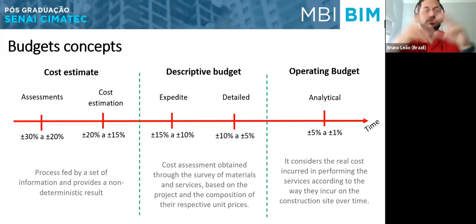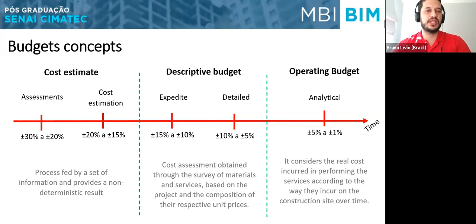So we are talking about the definition of the typology of the edification, and the constructed area of some building. When we're talking about the descriptive budget, we are talking about cost assessments obtained through the survey of materials and services.